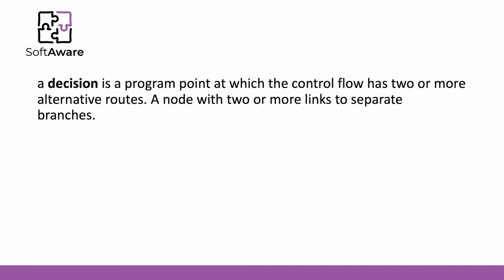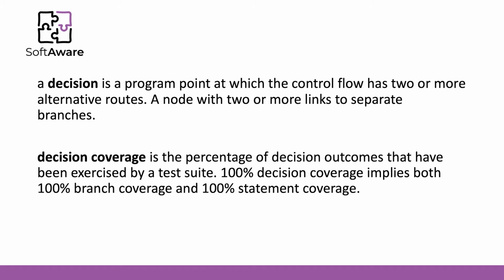And basically, independently of the size of the condition, because you can grow the condition with the logical operators, the output of the decision is always a true or a false. When considering decision coverage, the idea is to have a percentage, so it's another metric, that allows you to know exactly how many of the decision outcomes of an entire block of code are actually exercised by a test suite.